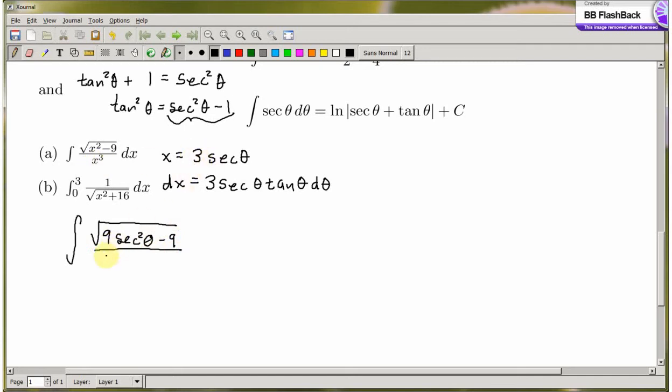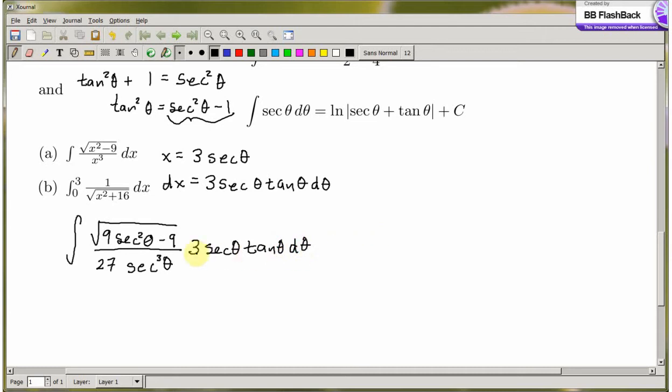So this is x now, so that gives me 27 secant cubed theta. Okay, and dx is this stuff now, which is 3 times secant theta tan theta d theta.